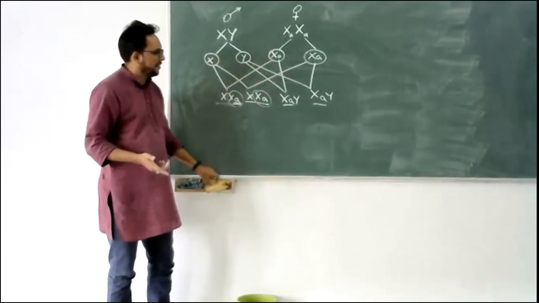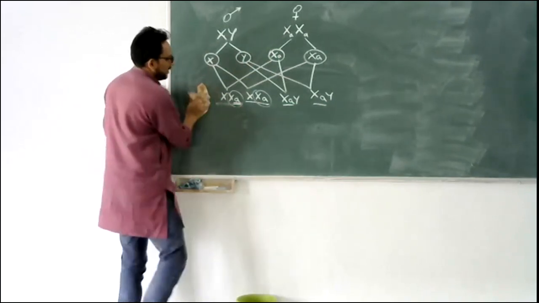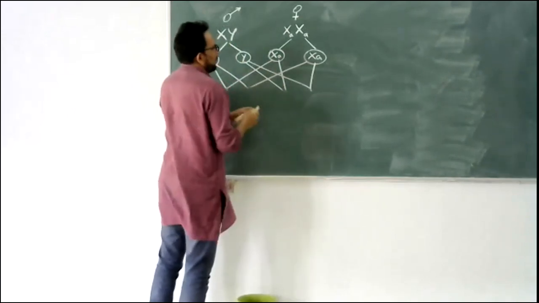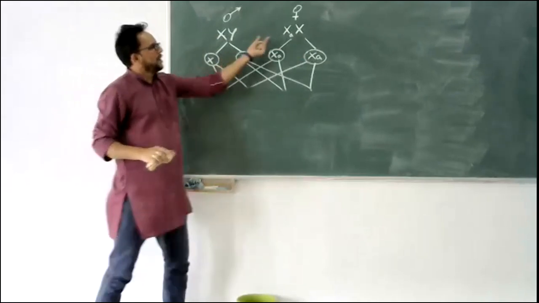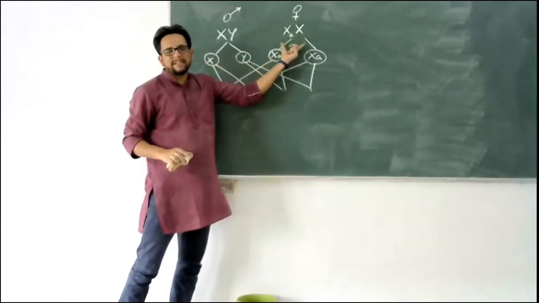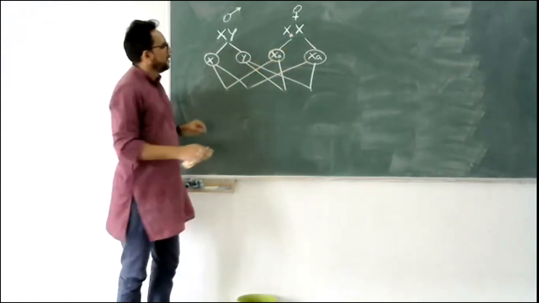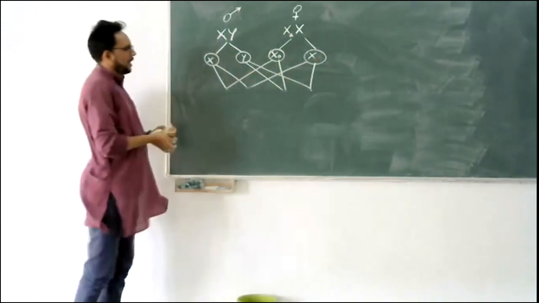Now, so I hope this is clear. I'm just clearing this out. Now, in another scenario, what we have is one dominant and one normal, that is a heterozygous female. Earlier it was a homozygous female. Now, in this case, what we get is this, correct?